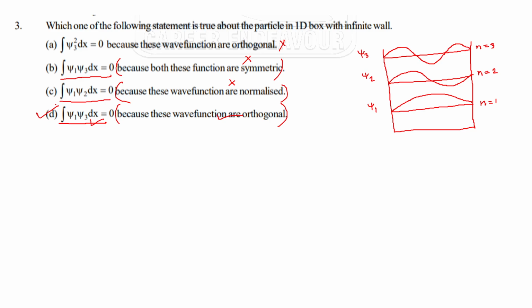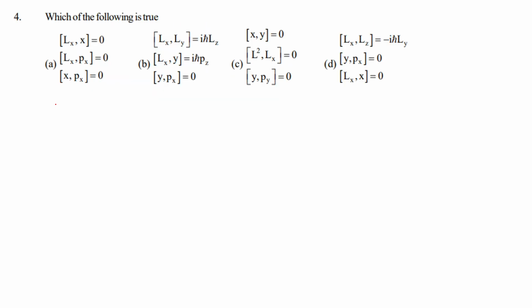Okay. So then let us go to question number 4. Which of the following is true? There are 4 sets given. These kinds of operators are actually known as commutator relationships. Commutator means A, B. I will actually give you these as homework.